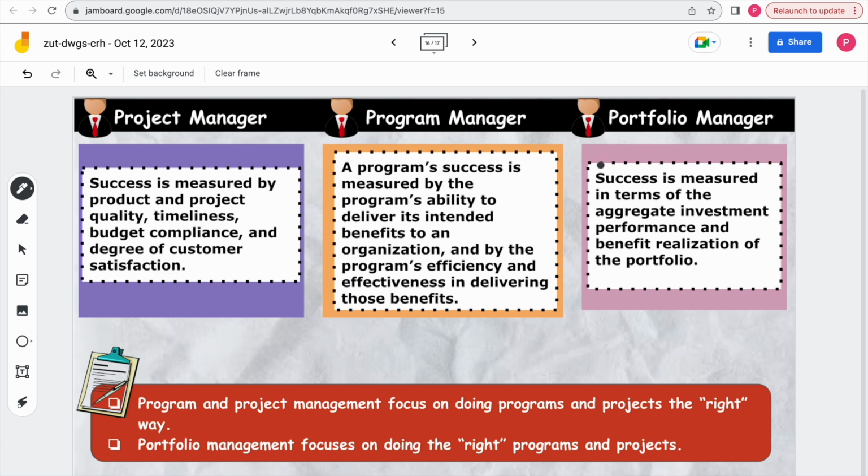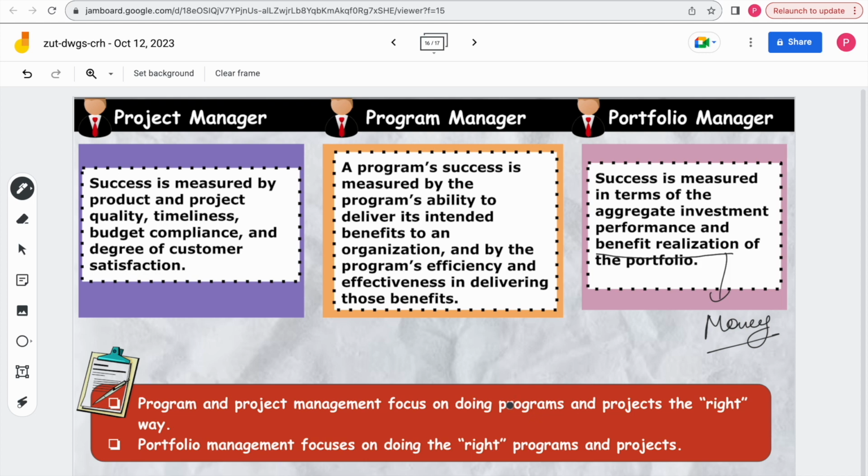And portfolio success is measured in terms of aggregate investment, performance and benefit realization of the portfolio. Benefit realization means earning a business value, money. Okay, so how maximum return is given by the portfolio. Now you can see here two important points I have given. Project and program management focus on doing projects and programs the right way.